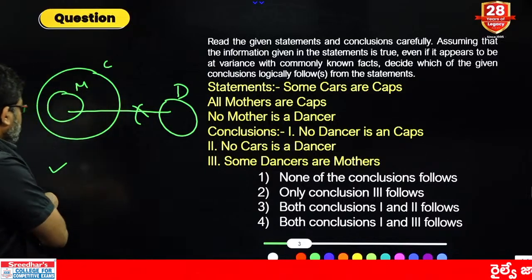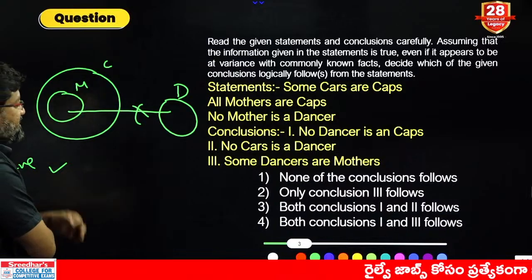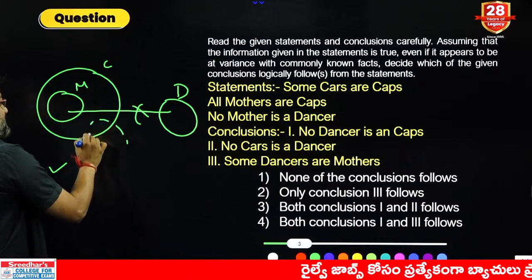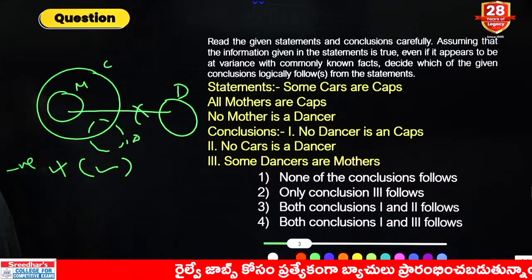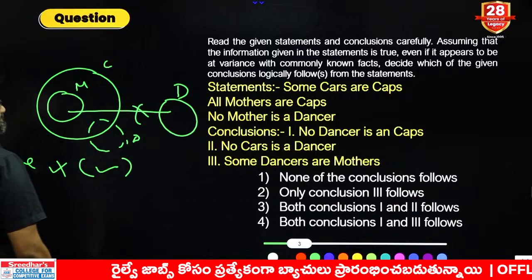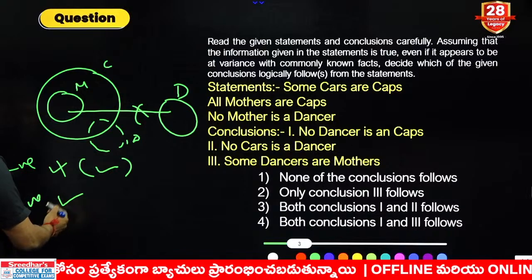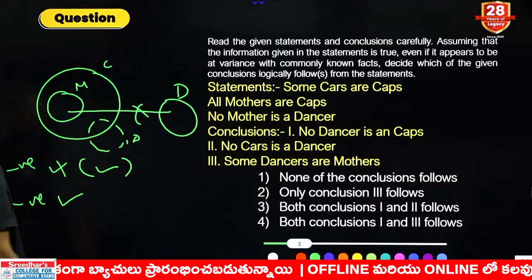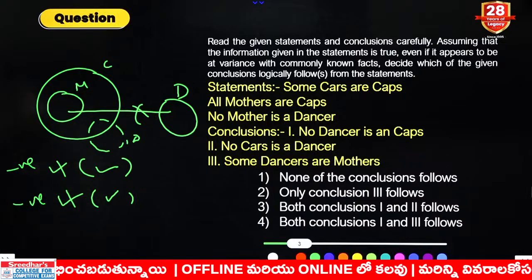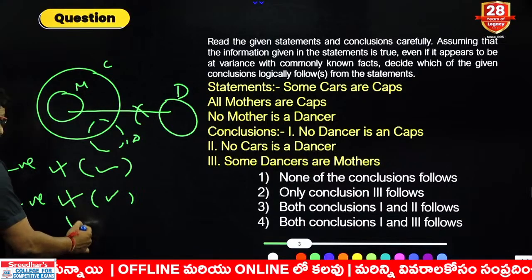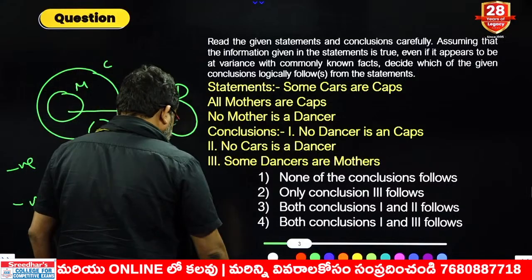So when the negative is right, we have to prove it wrong. What is the complementary? Some dancers are caps. Yes, I can draw dancer like this. This is wrong. Next, no cars is dancer. This is also right. Positive or negative? Negative. The complementary is some cars are dancers, we already established the relation. Wrong. Some dancers are mothers, there is no relationship between dancer and mother. What should be the answer? None follows.